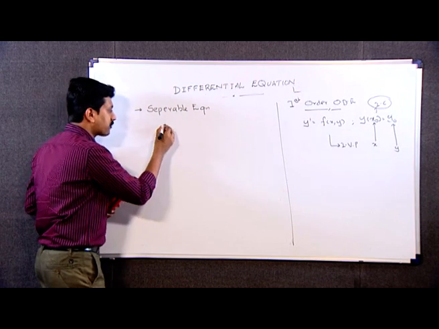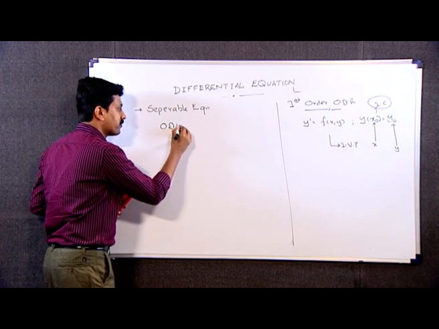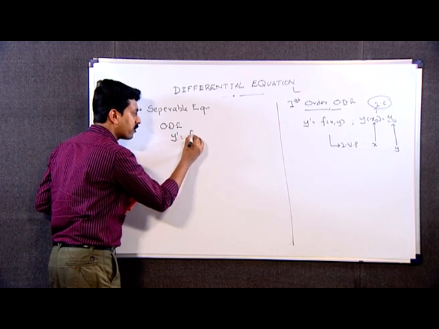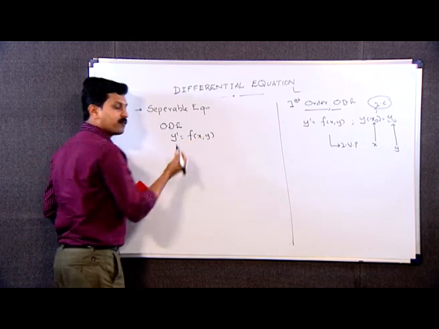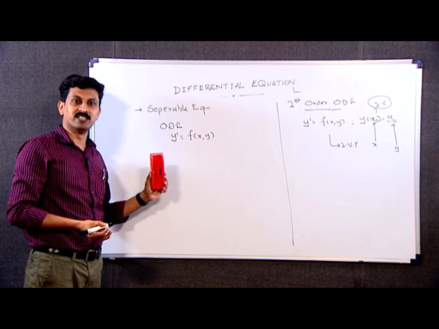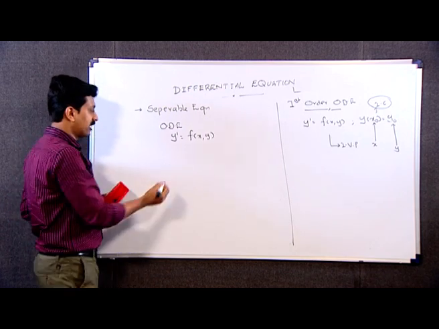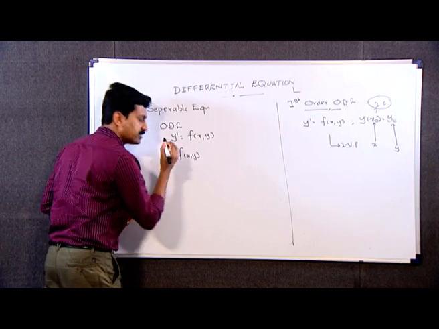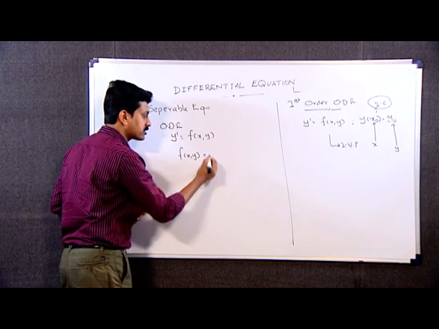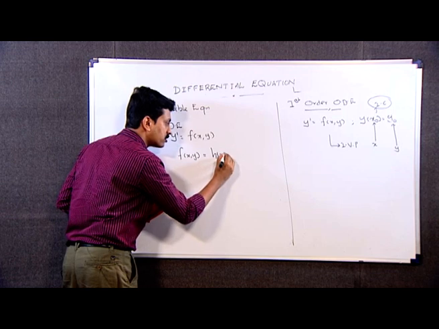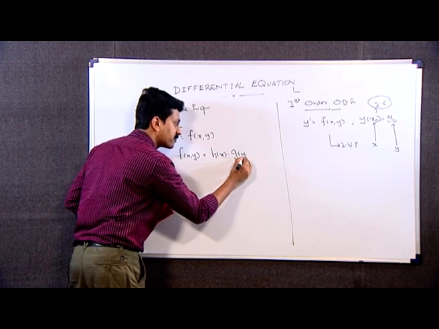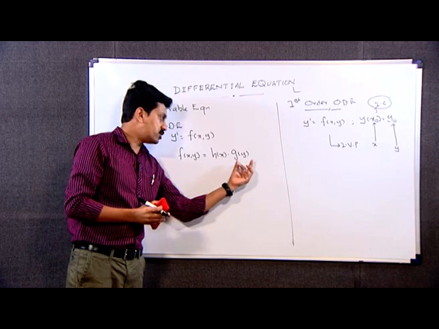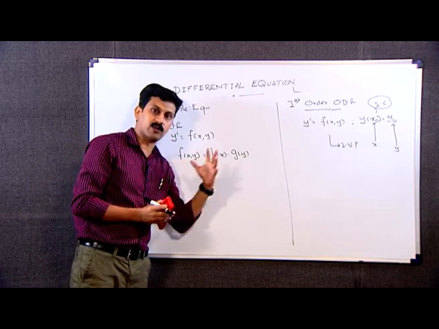We have the first order ODE y dash is equal to f of x y. We can say that this ODE is separable if f of x y can be written as h of x into g of y, where h of x is a function of x alone and g of y is a function of y alone.